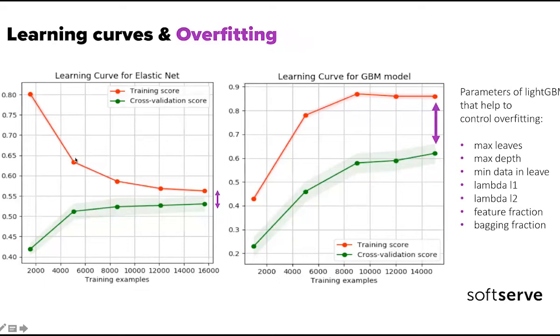And we can see that once we have more training examples, the cross-validation score grows, but the training score is falling down. It means that we are not really overfitting much, and we see that this gap between the results at the end, at the maximum capacity of our dataset, is really small, meaning that the model is not really overfitting.